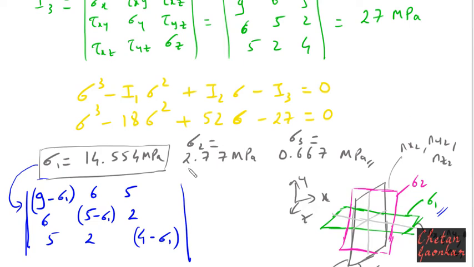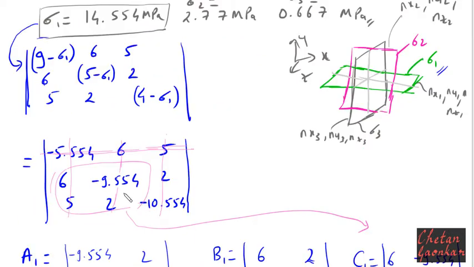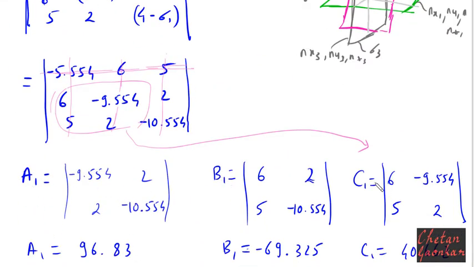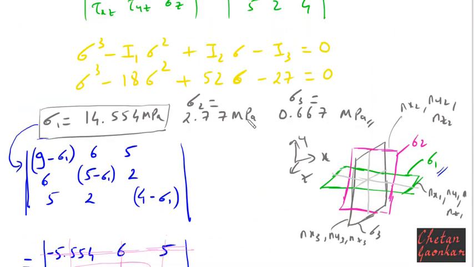In case I now want to find the direction cosine of the second principal stress, from these normal stress components I will subtract the sigma 2 value. And in place of a1, b1, c1, I will write a2, b2, c2, just to indicate that these a, b, c terms are for the second principal stress.